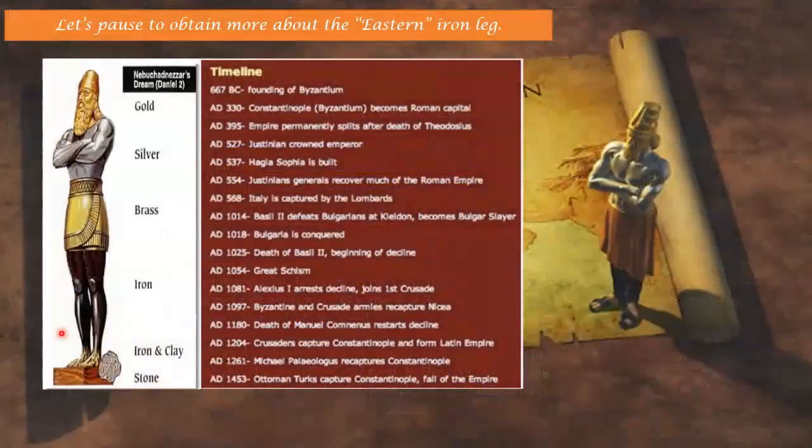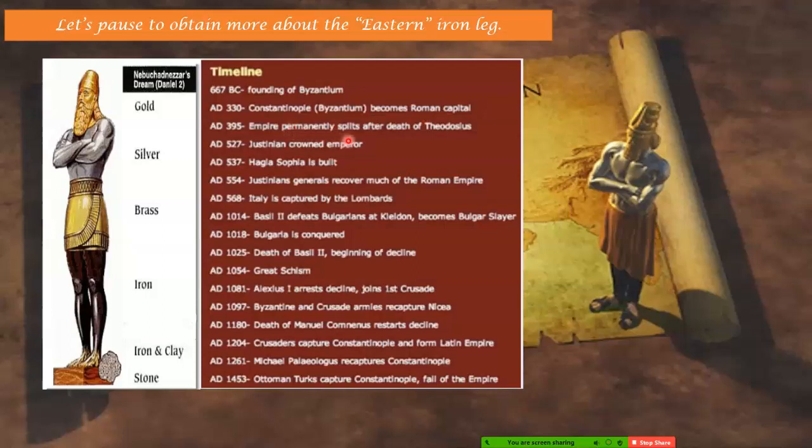So switching gears now, just stay with me, keep tracking with me. I want to give us a little bit more detail about that eastern iron leg. And there's a timeline right here to the left of the screen. 667 BC, founding of Byzantium, then Constantinople, Byzantium becomes Roman capital.